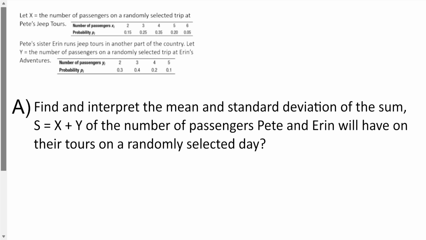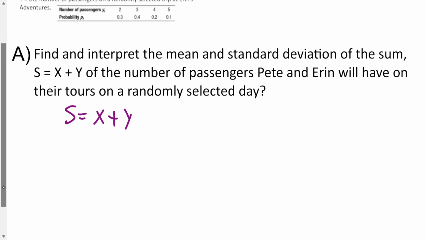So, same deal here. Find and interpret the mean and standard deviation of the sum. So S is going to be X plus Y, the number of passengers Pete and Aaron will have on their tours on a randomly selected day. Okay? So for S, we want the mean and the standard deviation if S is equal to X plus Y. Now, back to what we talked about, this is just adding two different distributions.